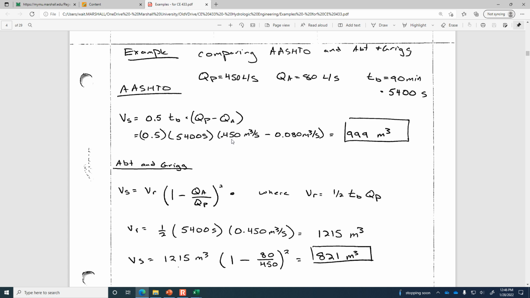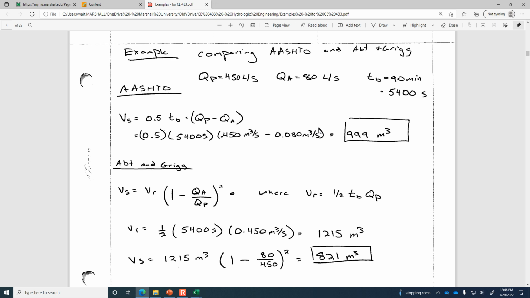So that takes us to the time to peak, essentially. If the base time, meaning the entire duration of the runoff of the storm, is 5,400 seconds, which is 90 minutes, then we'll get 999 cubic meters as the required storage volume according to the AASHTO approach.